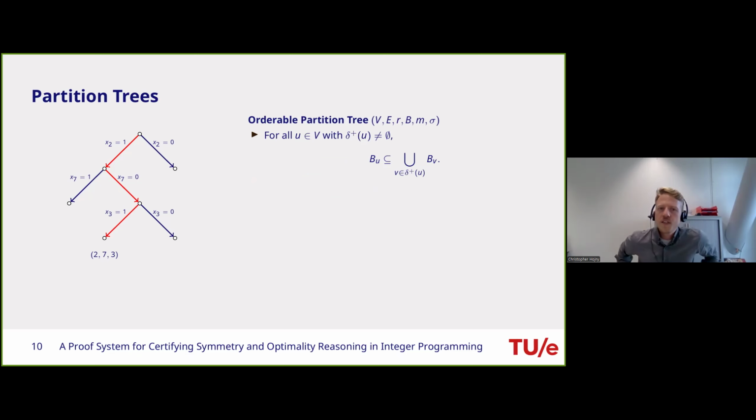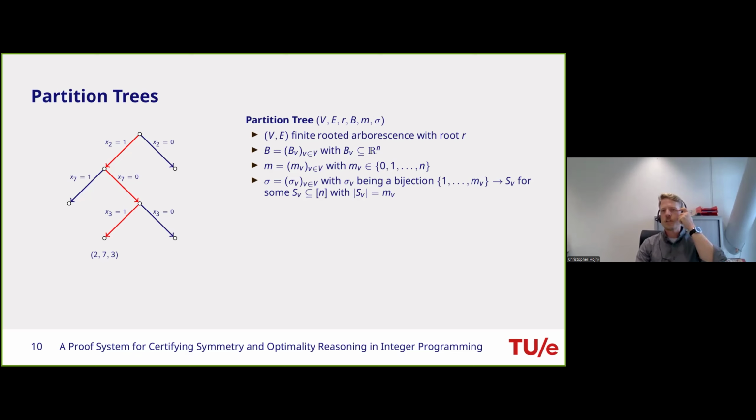Now, of course, this is not really what branch and bound does, because here we did not have any relations between these sets B_v, so they can be arbitrary subsets. There's also no link between the m values and the sigmas, whereas if we are in the situation of symmetry handling, the sigmas are not chosen arbitrarily.